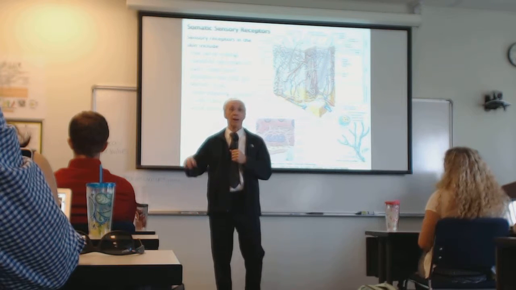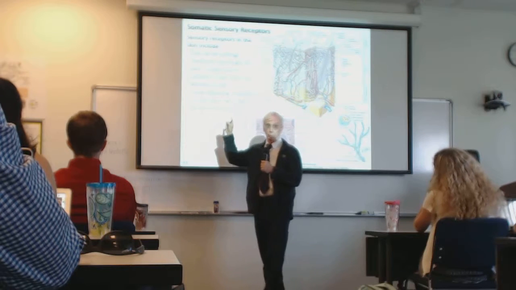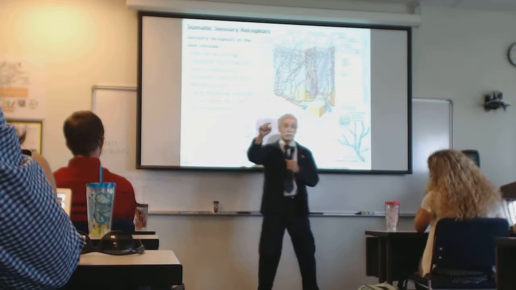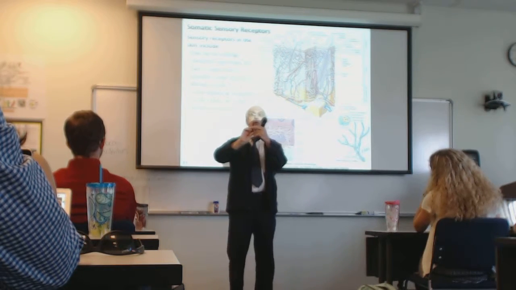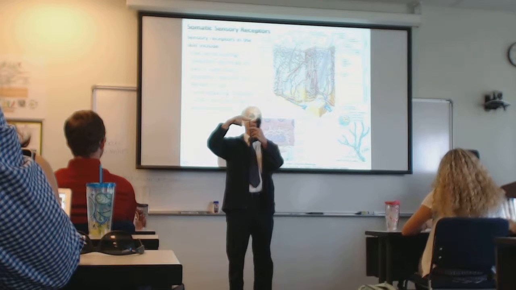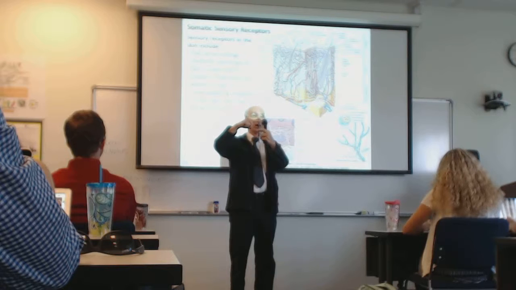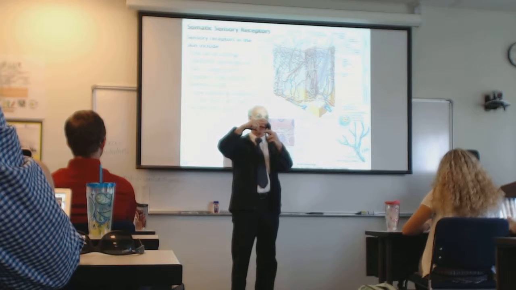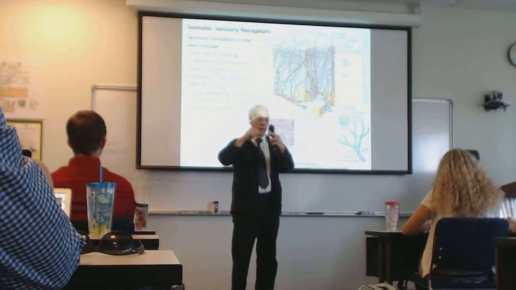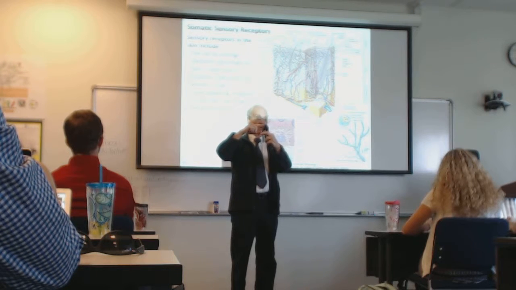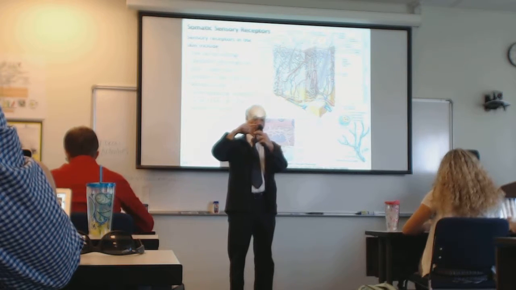All right. But a slow adapting receptor is pretty much saying this: as long as the pressure is on the skin, that neuron is going to continue sending action potentials back to the brain. It's slow to adapt to the stimulus.